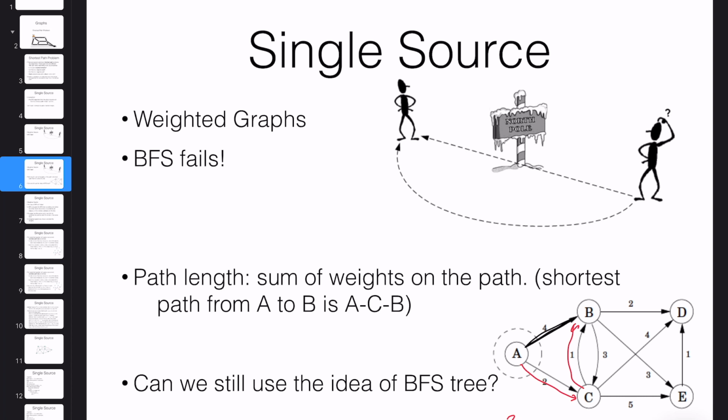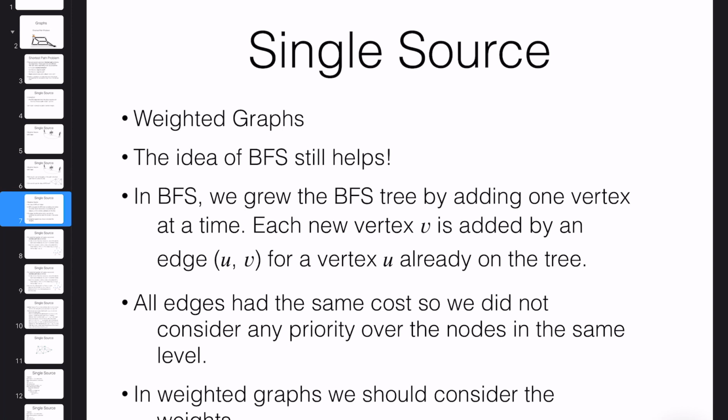But still the idea of the BFS might actually help us. The idea here is something similar to the Prim algorithm over minimum spanning tree. Remember, in the Prim algorithm, you start from a node and you just grow the tree by adding the minimum edge and always visiting a new node that you haven't visited before.